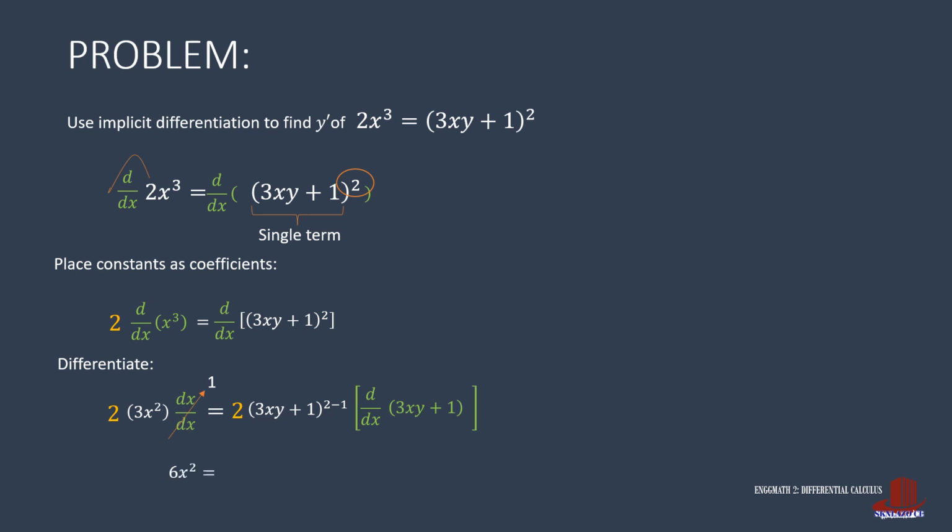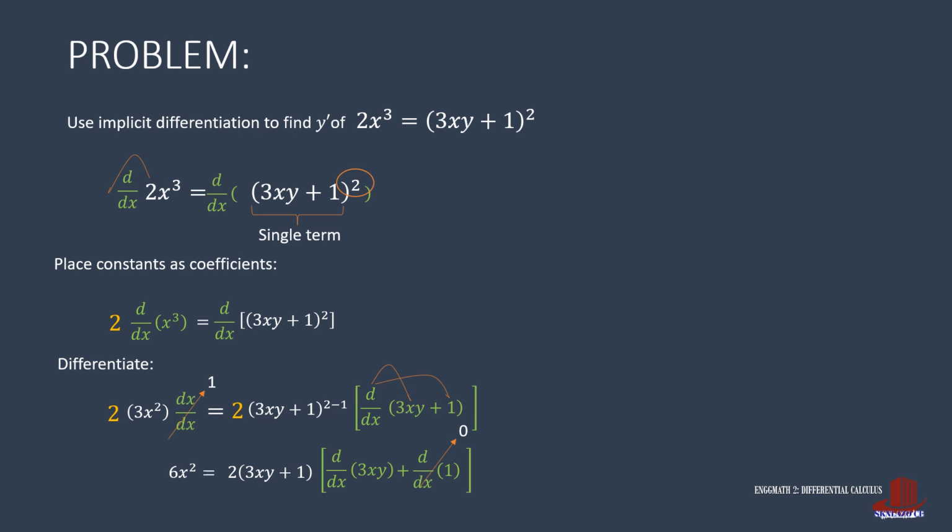So the function becomes 6x squared is equal to 2 with the binomial 3xy plus 1. Then distribute the derivative among 3x, y, and 1. You already know by now that the derivative of a constant is 0.